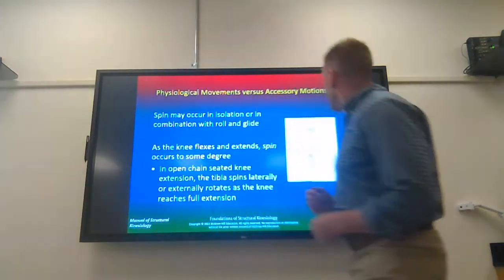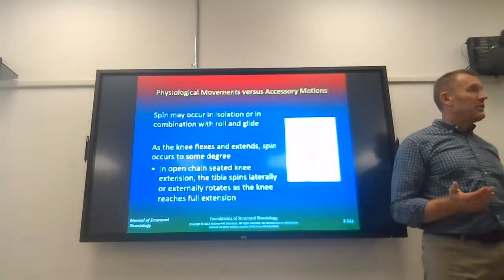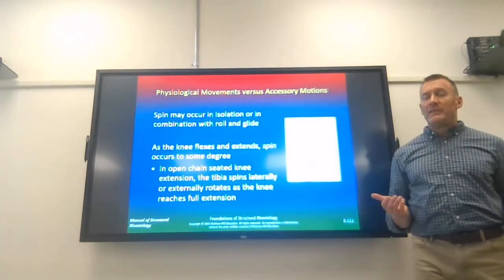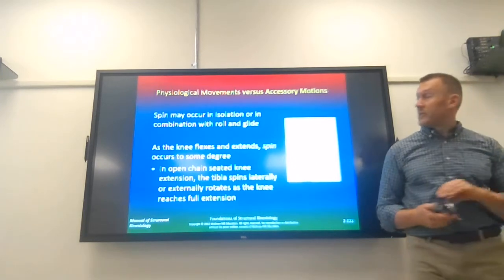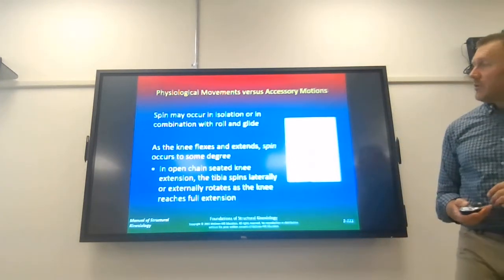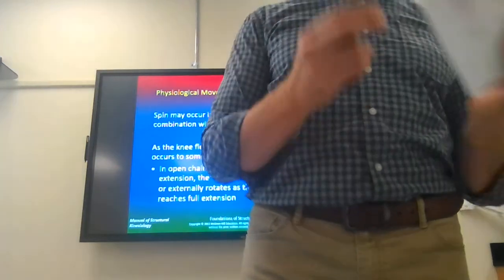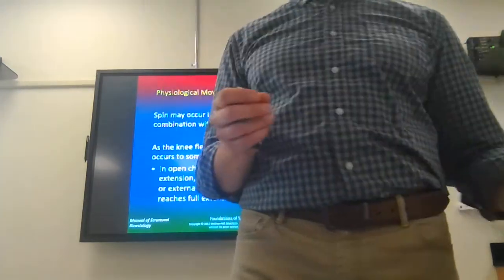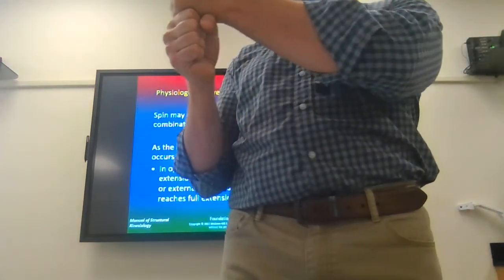As we go to a flexed position, the femur rolls back, slides forward, and spins externally. So it's exactly the opposite. The important thing to remember is that to enable these larger movements like we use for movement analysis, we also have smaller movements that are taking place between the articulating bones, is the take-home message.